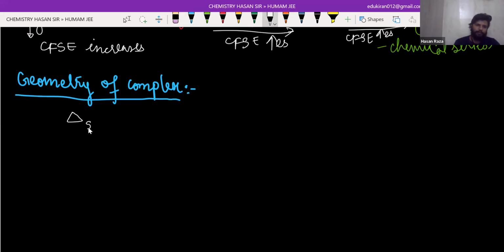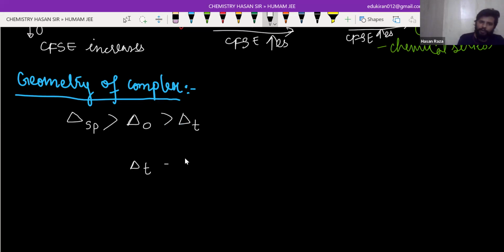So CFSE of SP, that means square planar, is not in our CBSE syllabus. But still, if they ask you, it will be like this. The crystal field stabilizing energy of octahedral is greater than the crystal field stabilizing energy of tetrahedral. There is a relation between these two.